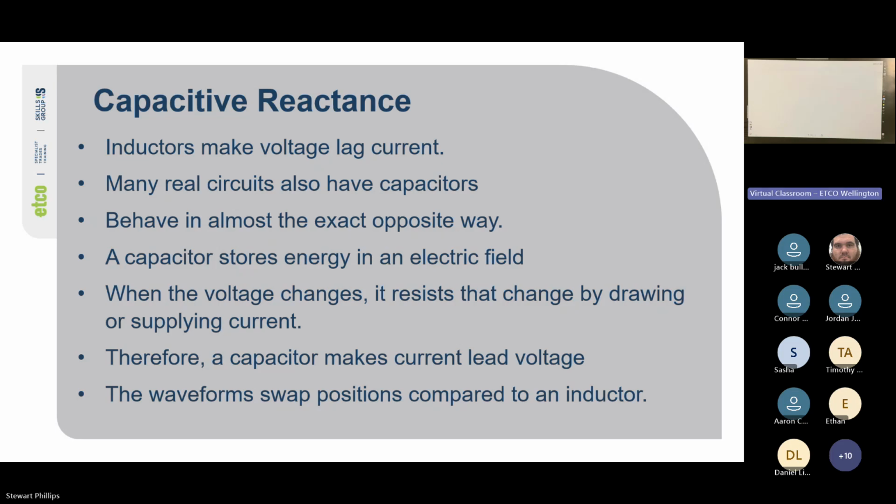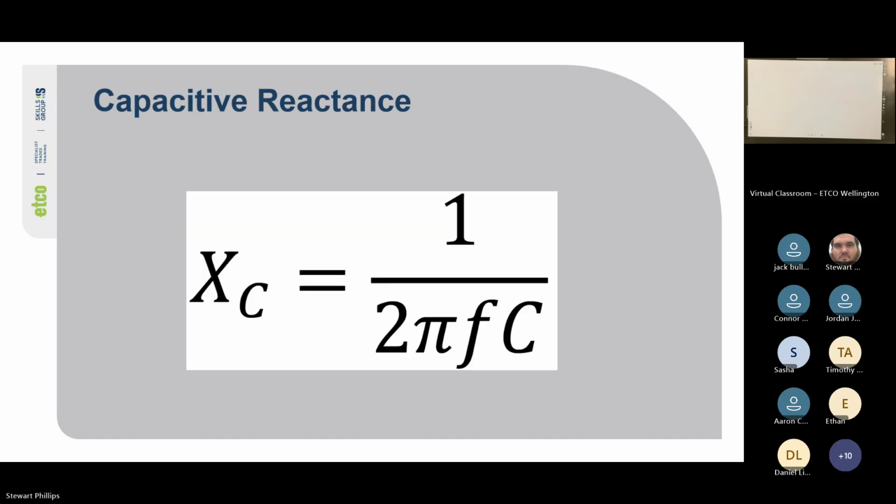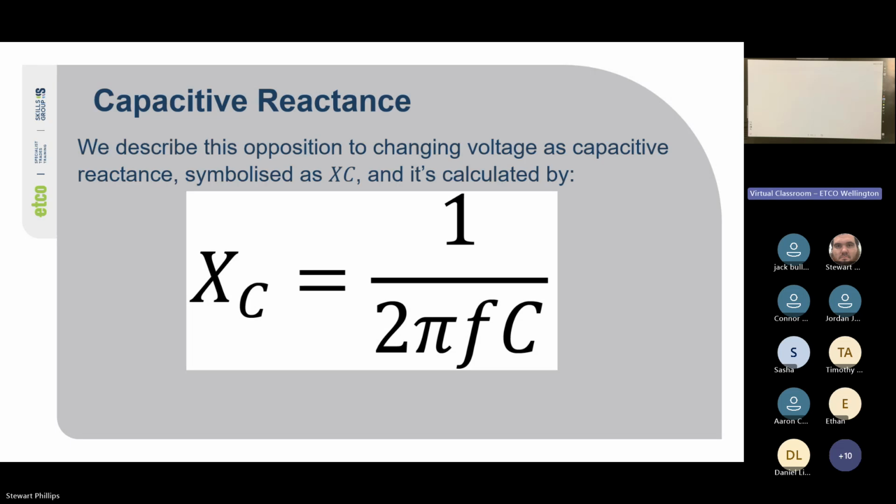Cool. And so we get the formula XC equals 1 over 2 pi FC. The other way we could write this is 2 pi FC to the power of -1. We describe the opposition to changing voltage as capacitive reactance, and we symbolize it with XC and calculate it by this formula.